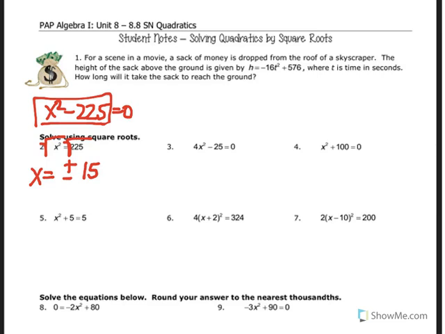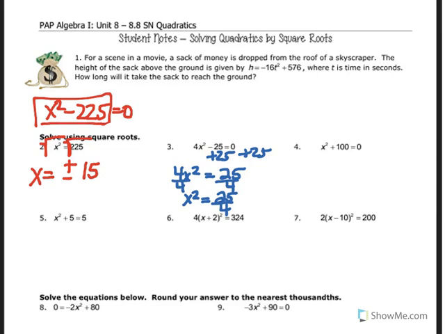Number 3 has 4x squared minus 25. So we want to get x squared by itself. Let's add 25 to both sides. So I get 4x squared equals 25. Now, still looking to get x squared by itself, I'm going to divide each side by 4. Well, 25 doesn't divide nicely by 4, but what it does do is provide me with a fraction where there's a perfect square in the numerator and the denominator.